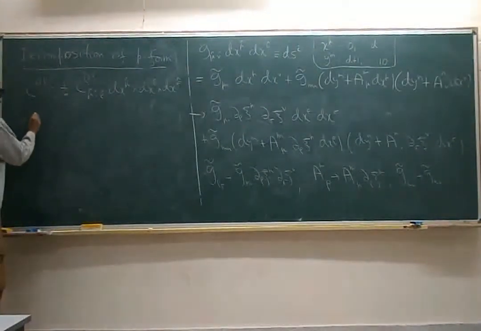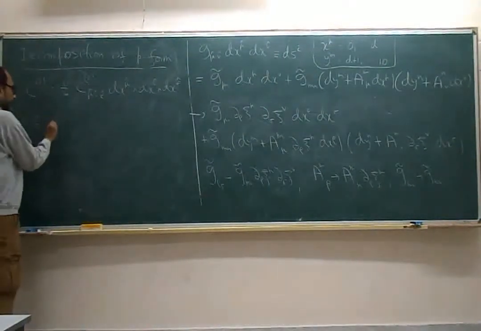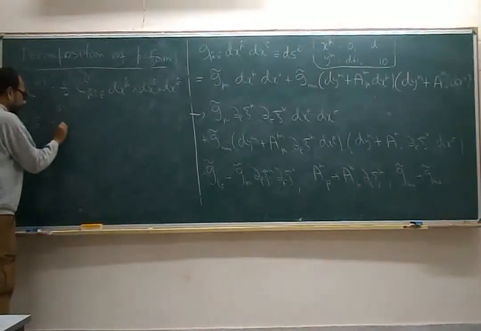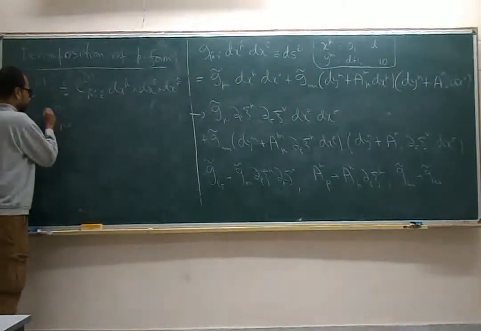So let's do this. So this is 1/6, I'll write this as C3 tilde_{mu nu rho}. Let me call it tilde.